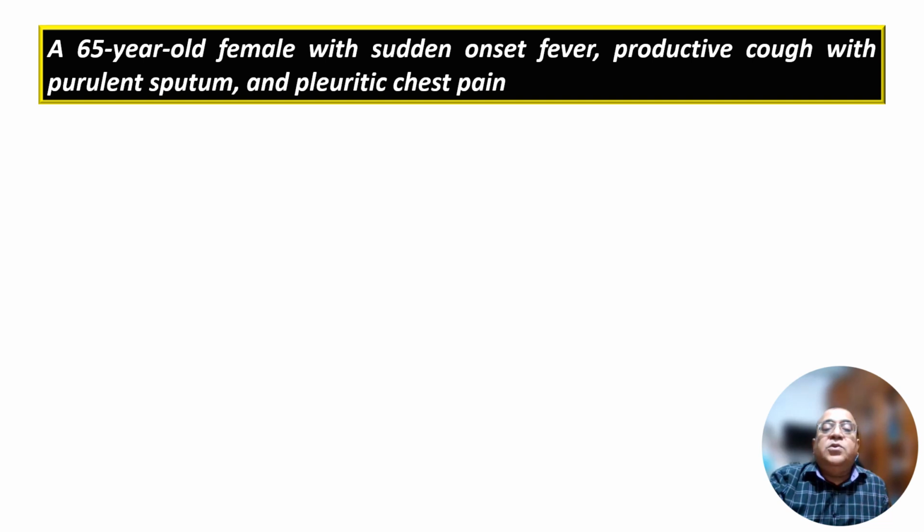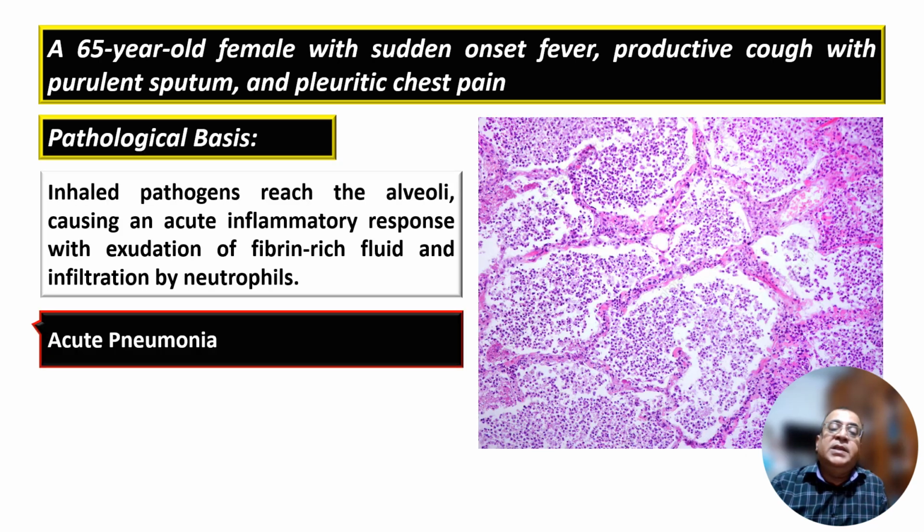A 65-year-old female with sudden onset of fever, productive cough with purulent sputum and pleuritic chest pain. This is caused by inhaled pathogen that reach to the alveoli and cause acute inflammatory response.